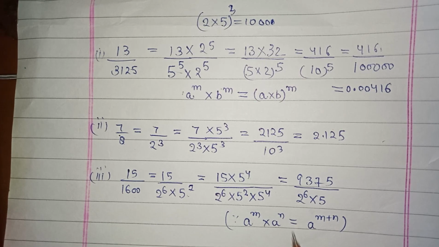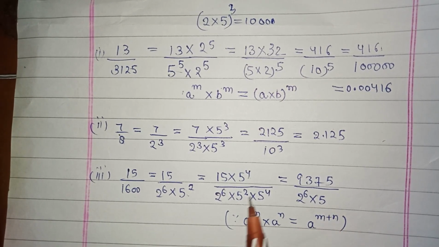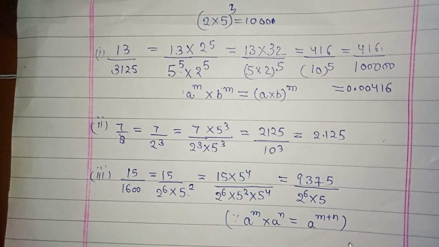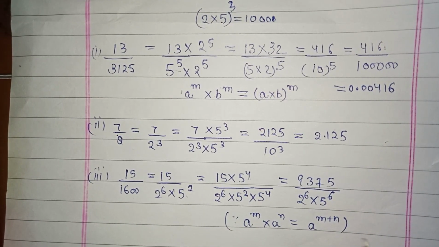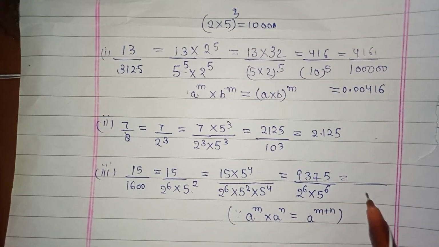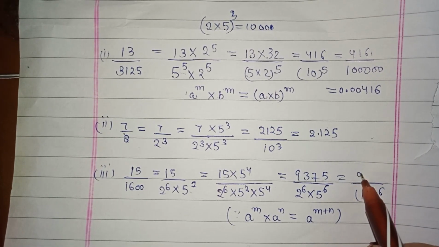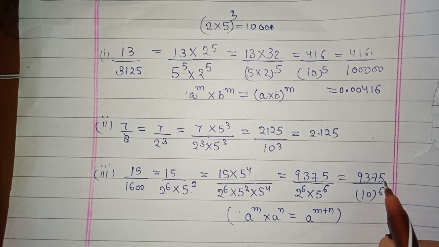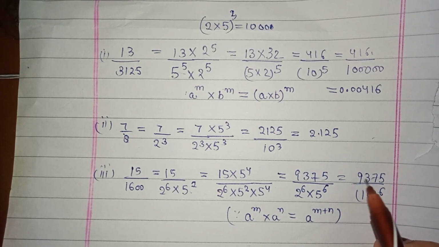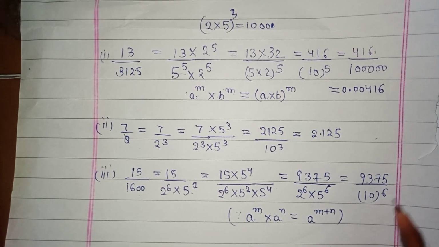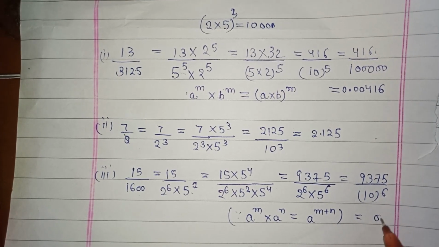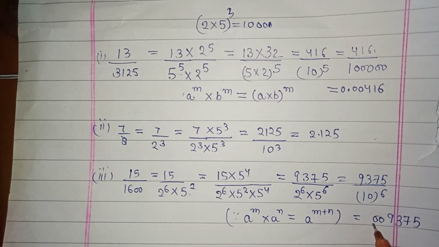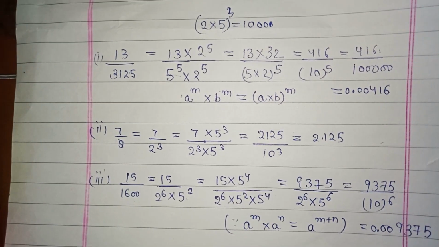So we can write it as 5 raised to the power m plus n, that is 2 plus 4 will be 6. So I can write this as 10 raised to the power 6 and above 9375. Now I will shift my decimal point by 6 digits. I have already here 4 digits, so I have to increase 2 digits also. So this will be my answer.